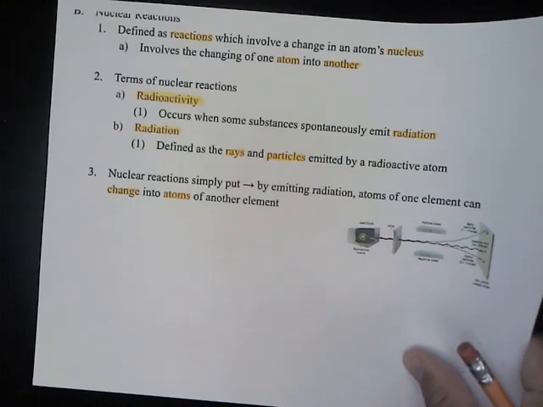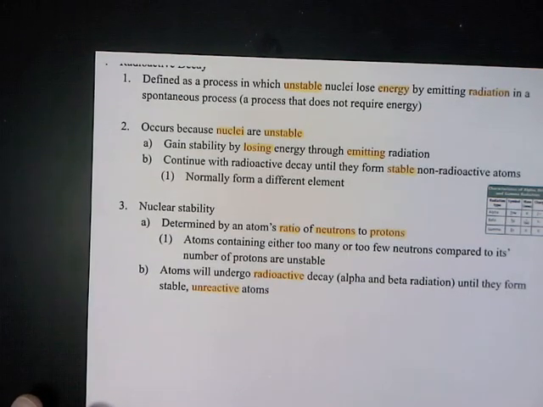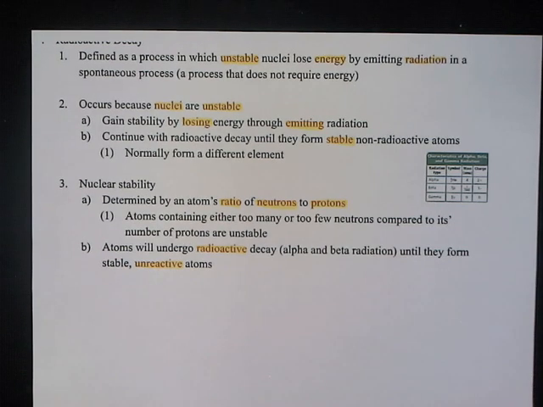All right, so we move on here to radioactive decay in more detail. We have unstable nuclei. And what we mean by unstable nuclei is all of a sudden we have way too many neutrons to protons. We've thrown off this ratio in our nucleus, and something has to give.